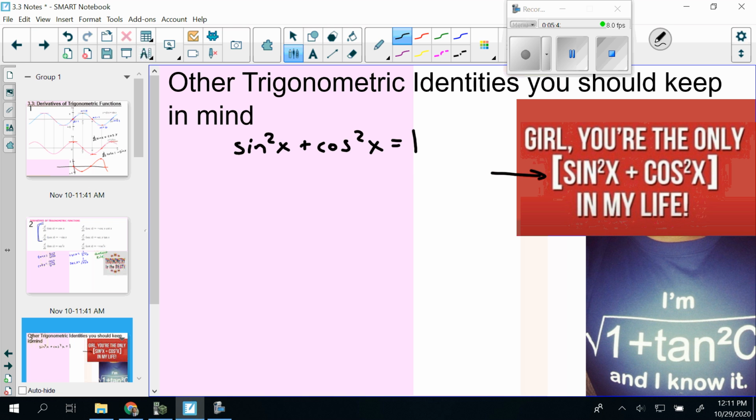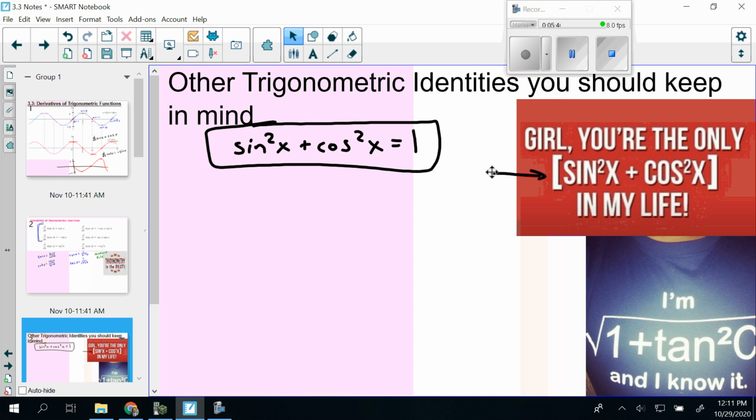Also off of this, if you were to divide by cosine squared or sine squared, you can get some other ones off of this. For example, if you were to go through and divide everything by cosine squared here, you would get an identity kind of off of this one.